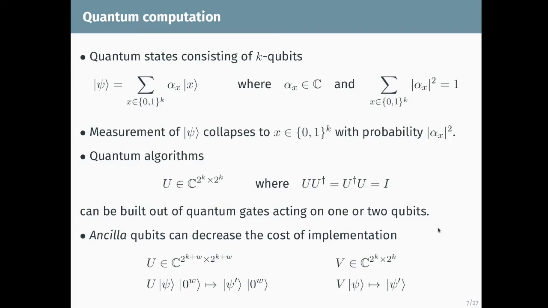Now ancilla qubits can decrease the cost of implementing these unitaries. So V may be the unitary we want to implement, but we may actually implement it as U, which acts on a larger state. As the ancilla qubits start in the same state and end in the same state, we can essentially factor them out, and for all intents and purposes, U and V then implement the same operation, but U may be vastly cheaper to implement.